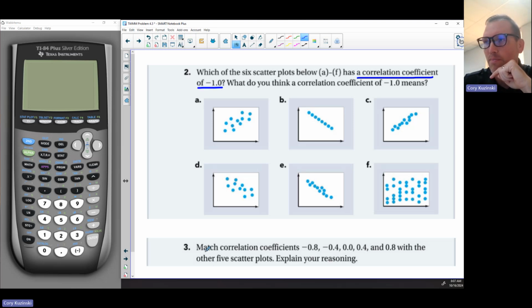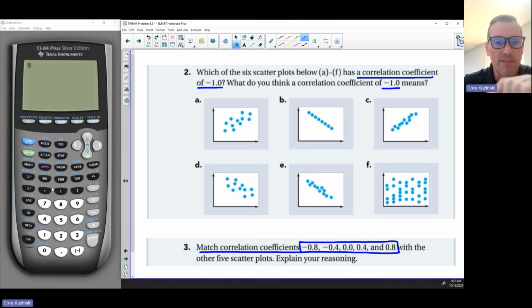And then I also want you to match these correlation coefficients with the other 5 scatter plots. And we use correlation coefficient, we use R. So we'll get to that later. Just match these 5 and -1 with each of one of these graphs. So just pause the video and take a shot at that, and then I'll tell you the actual answers.